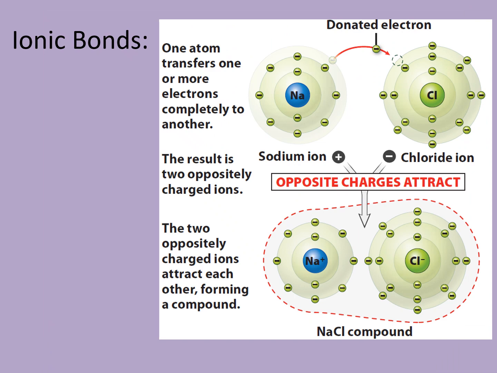So officially an ionic bond is defined as when one atom transfers 1 or more electrons completely to another atom. The result is these 2 oppositely charged ions. And we've all heard the term opposites attract. Well, in chemistry that actually is the case. So the 2 oppositely charged ions will attract each other and form a compound.